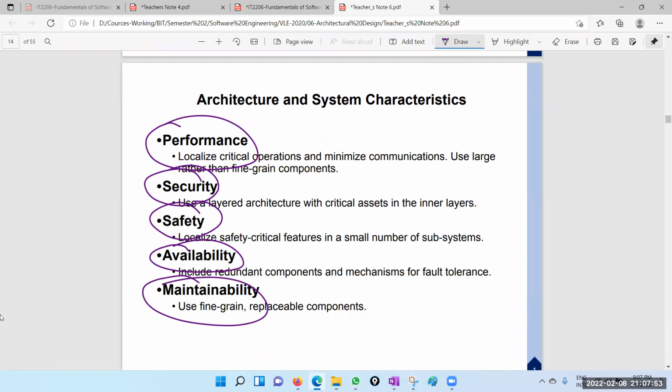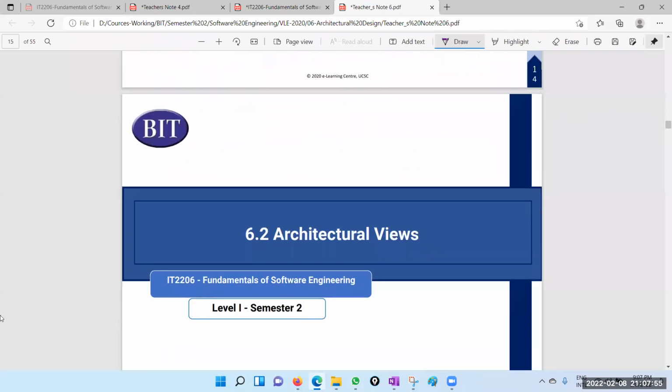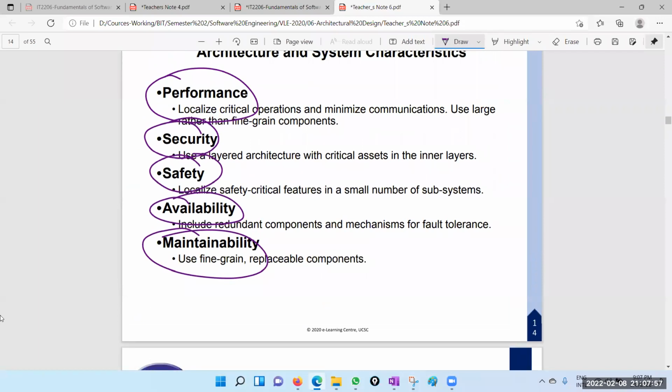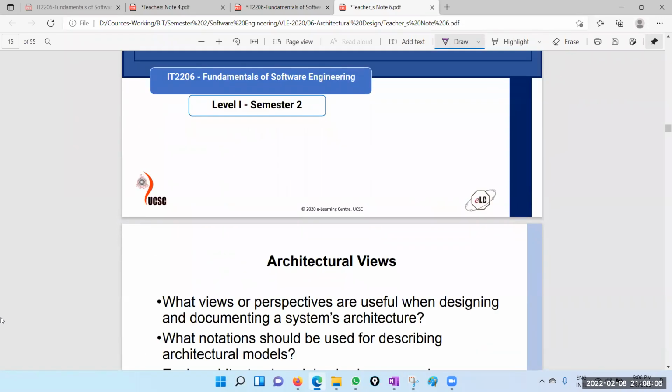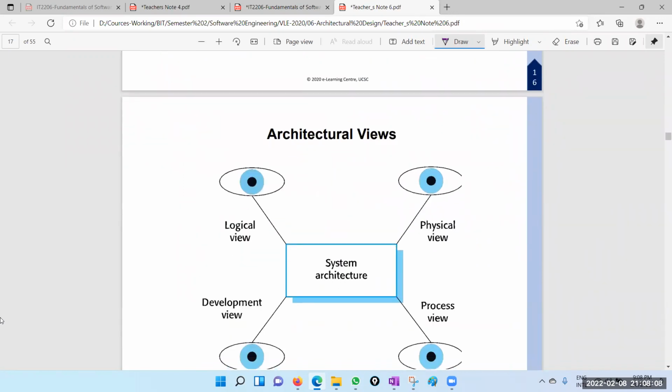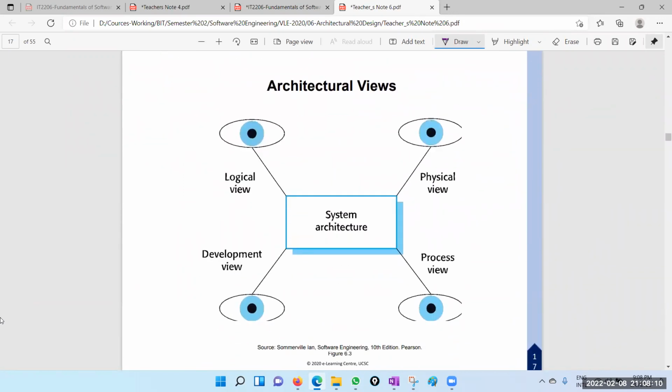All those have to be looked at, and then you decide on what is the best architecture. So this is a big decision. Deciding on the architecture is one of the key decisions that is taken by very experienced, talented people.